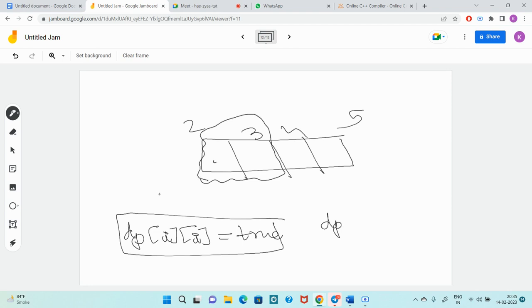How? Just check if the character at index I is the same as the character at index I plus 1. Then you can find DP of I to I plus 1 as well. So guys, this many DPs we can fill. So let's start writing the code.